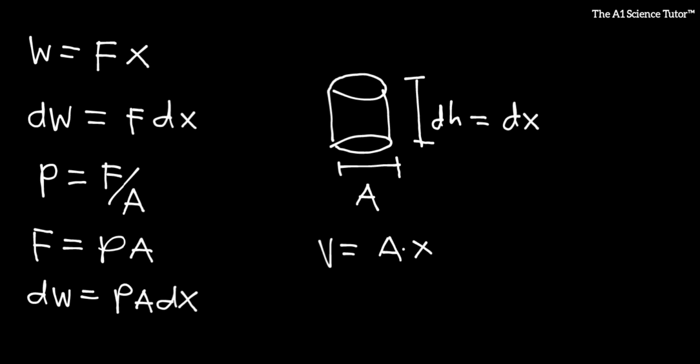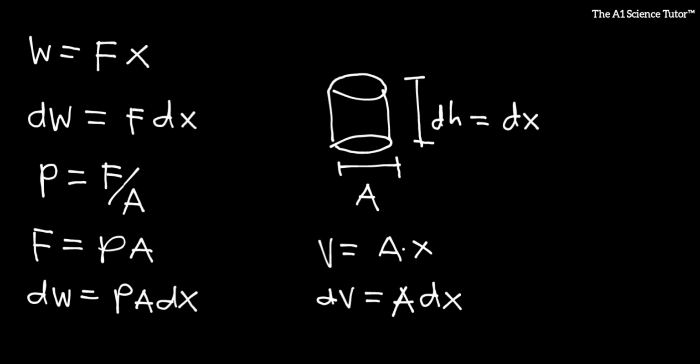So if you changed the height of it, you're also going to change the volume. As the volume changes, you have a change in the height or the distance in a vertical dimension of that object, right? So here we can see that the change in volume is the same thing as dx.